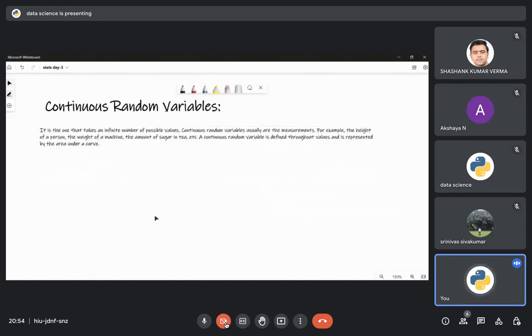The continuous random variable is one that takes an infinite number of possible values. Continuous random variables are usually measurements. For example, the height of a person, the weight of a machine, the amount of sugar in a tea. These are continuous variables. Can you give any real-time example of a continuous random variable?